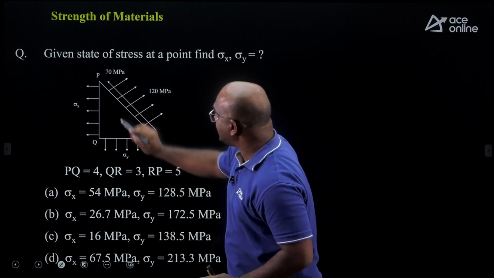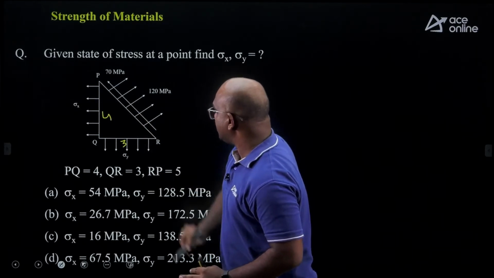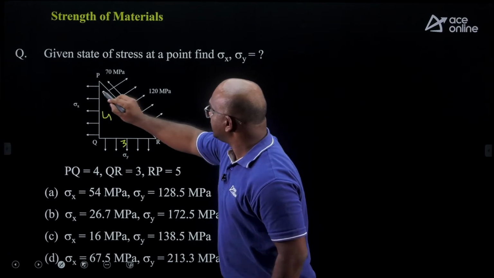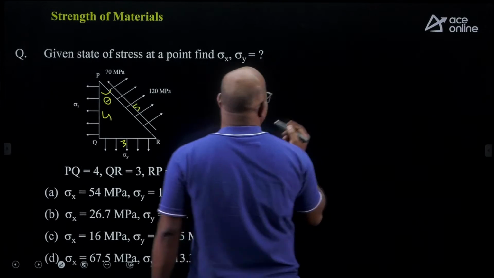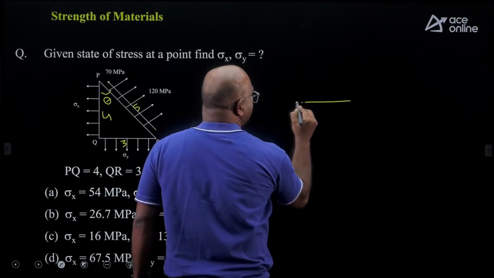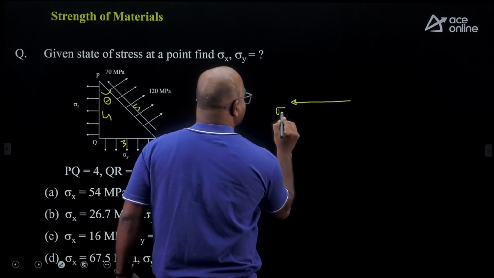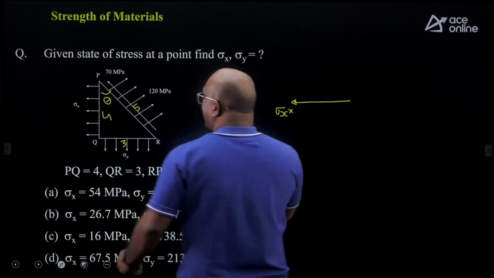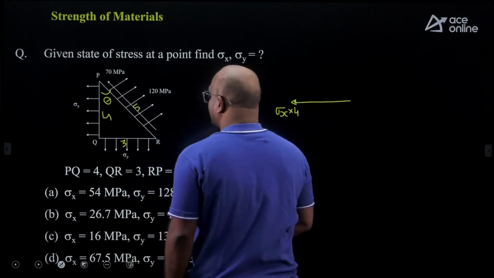As given the dimensions that PQ equal to 4, this equal to 3, this equal to 5. Assume this is the angle equal to theta. Okay, now substitute. This side, how much, guys? Sigma x into, assume depth of the element equal to 1. So area must be equal to 4 into 1.